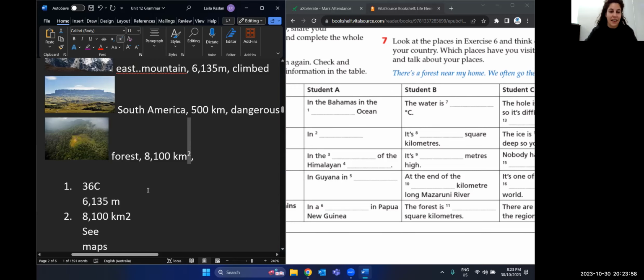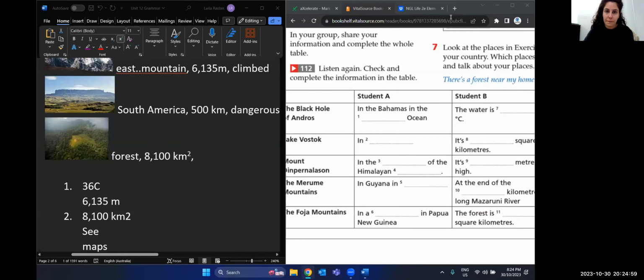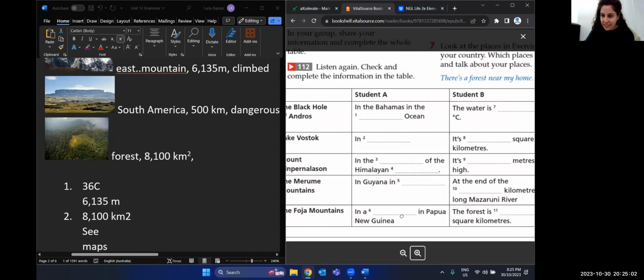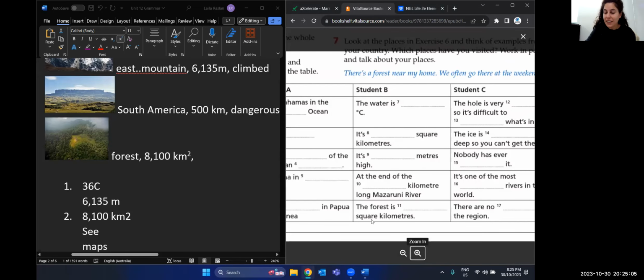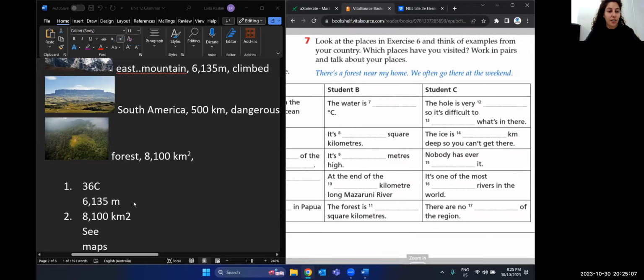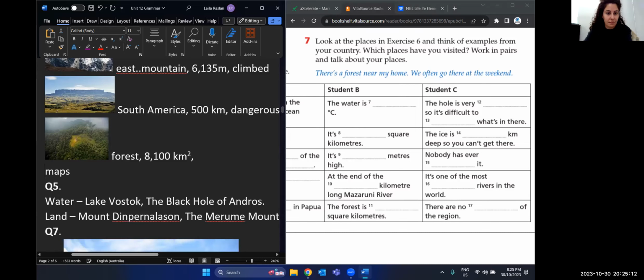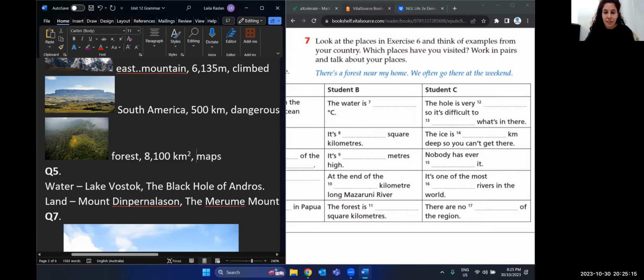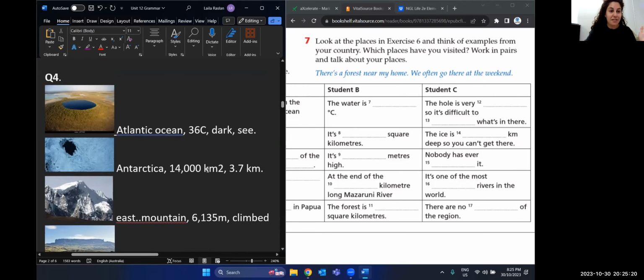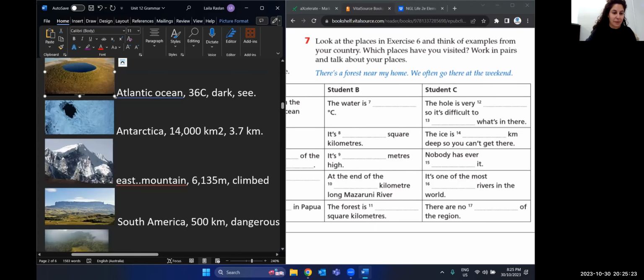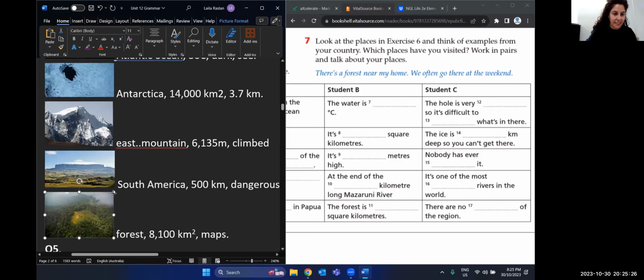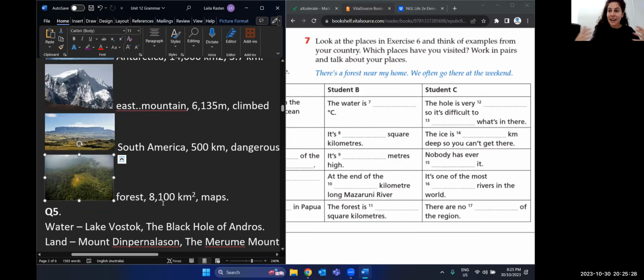Okay, good. So we said that the forest is 8,100 square kilometers. There are no maps of the region, of this place. Okay, good. So there's 5 places. There's some images, they're unexplored. Really, it's hard to go there to really study these places.